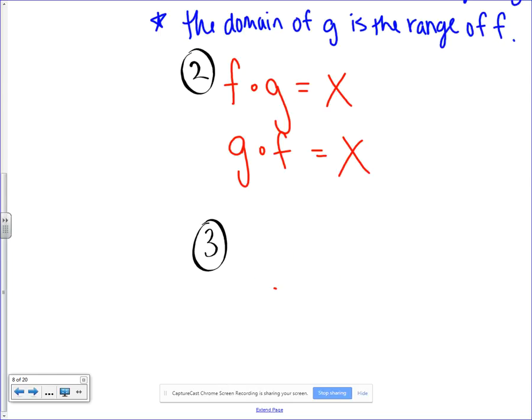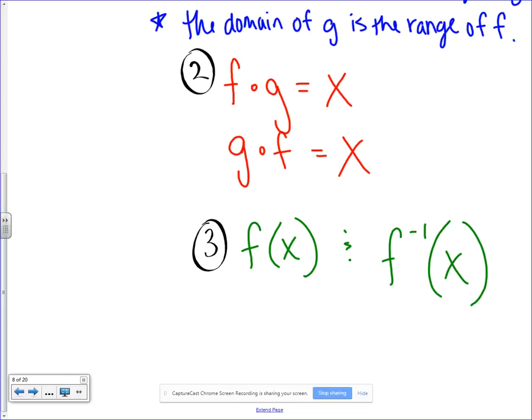Now, this book likes to use a little bit of different notation. So sometimes, instead of saying f and g, they'll say f of x and f to the negative 1 of x. Those mean inverses. The negative 1 symbol is the little inverse indicator.